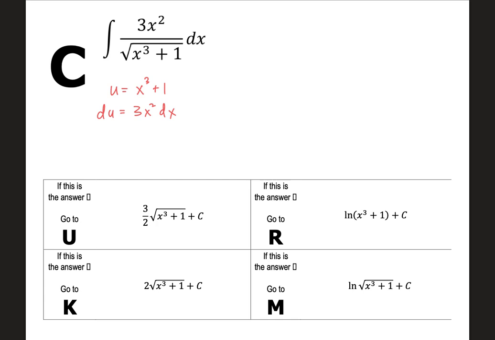Notice this here is going to get substituted for u, so the bottom will just be square root of u. And then this 3x squared dx together becomes du, so the top just becomes du. So that's du over square root of u after we substitute.